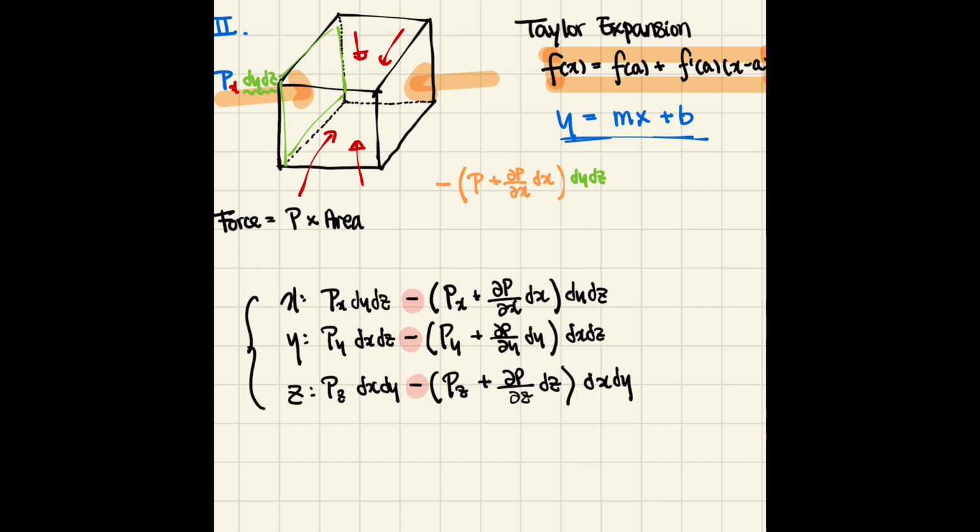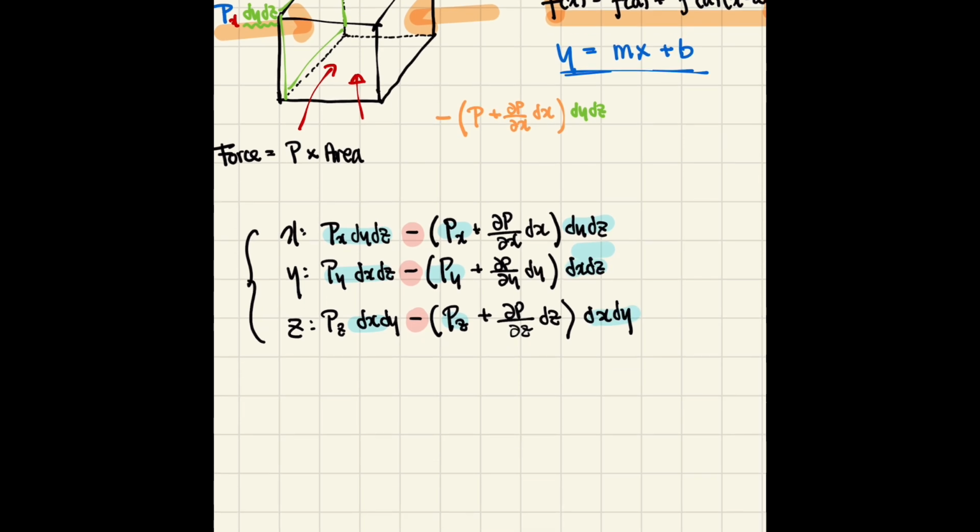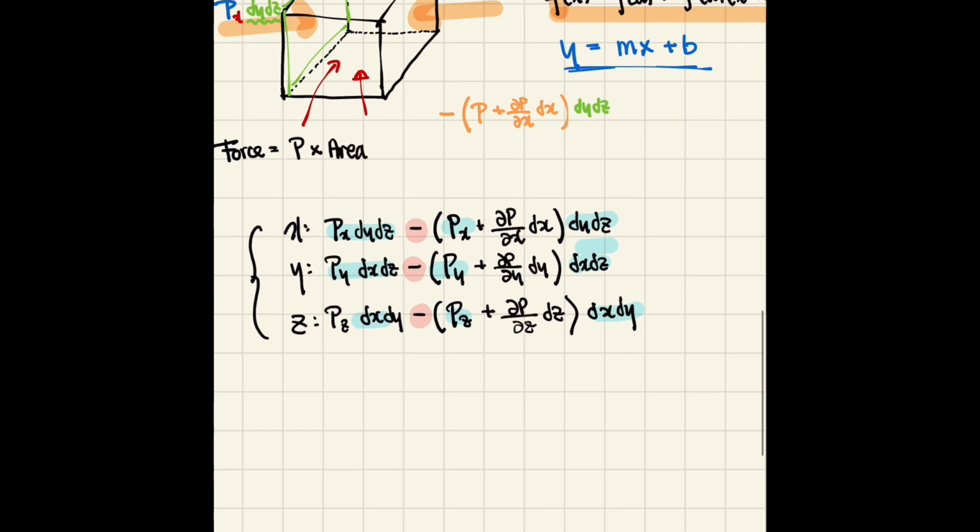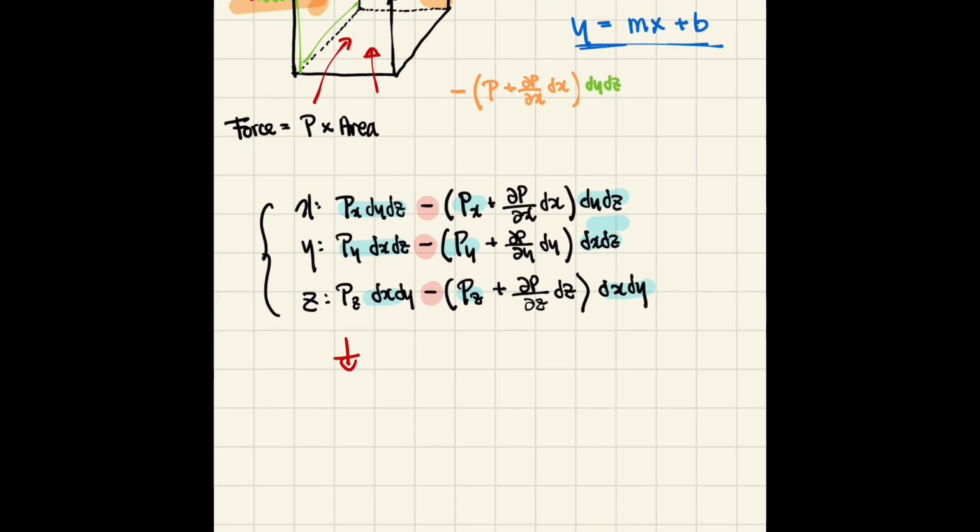x, y, and z directions, these cancel out. They all cancel out, and we are left with negative partial p partial x plus partial p partial y plus partial p partial z times dx dy dz.